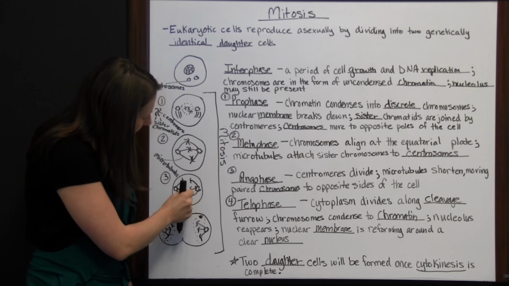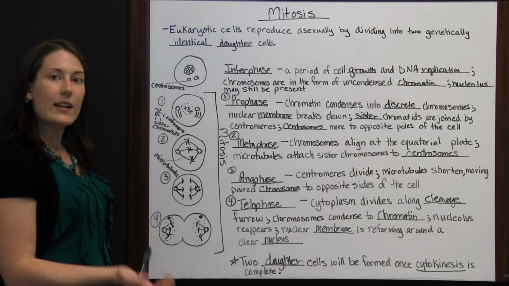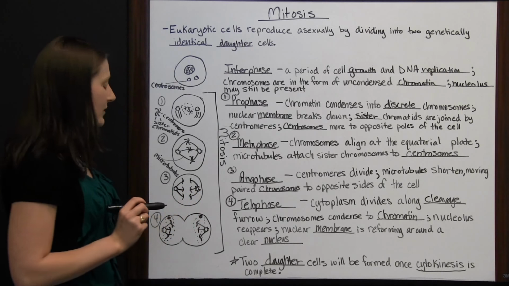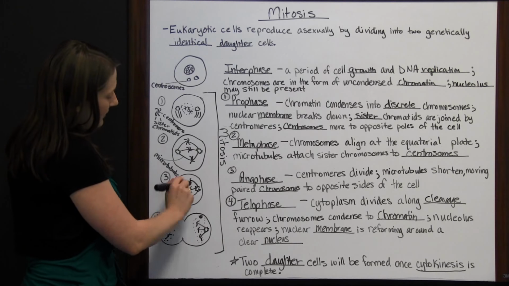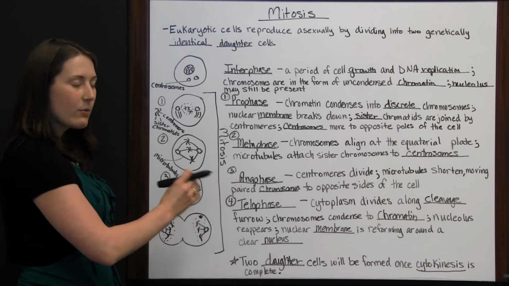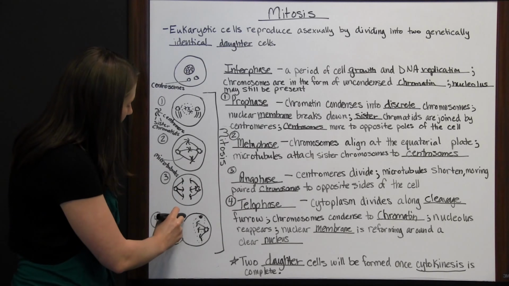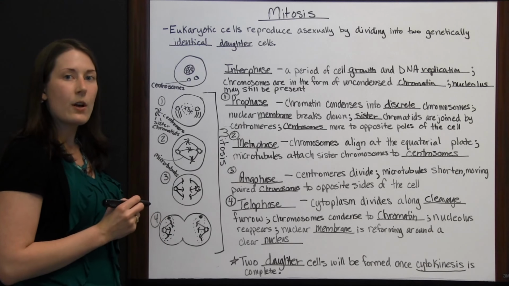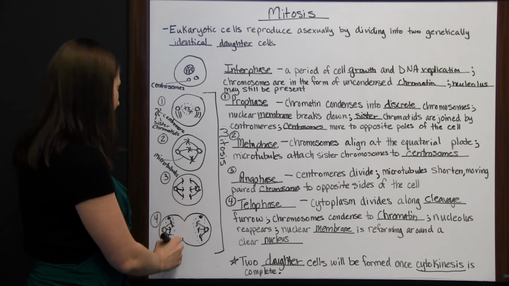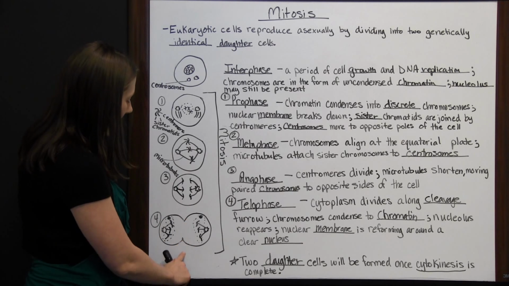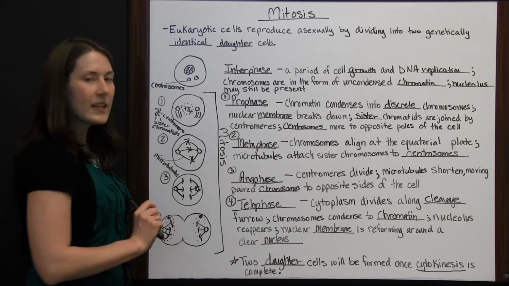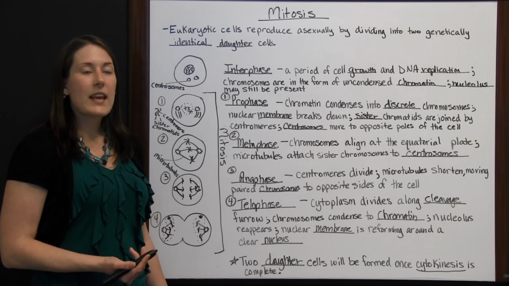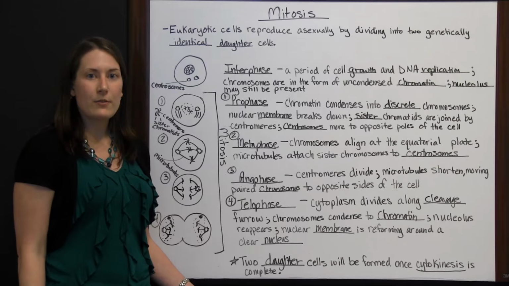Then they split apart, starting to look like two new cells now, and each part of the chromosome pair goes toward a centrosome so that they are split equally across the cell. And then they split apart, forming a new nucleus with a nucleolus, and cytokinesis is going to be complete once this cell finishes cleaving in half. So just remember that eukaryotic cells can reproduce asexually by mitosis.